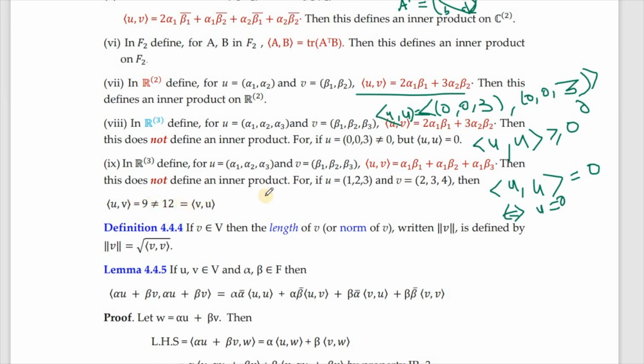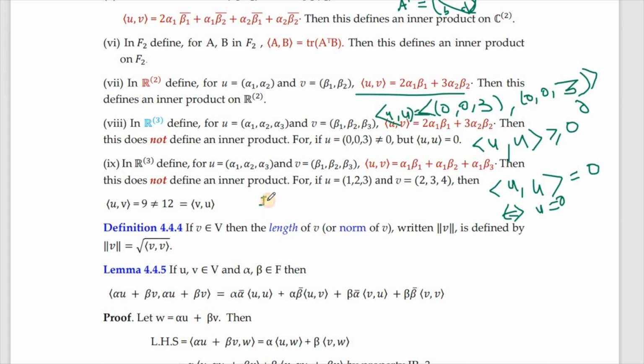So they are not the same. But what is the first condition? IP1 is inner product UV should be equal to inner product VU conjugate. But when you are in real numbers, this conjugate doesn't play any role. So you have inner product UV not equal to inner product VU.